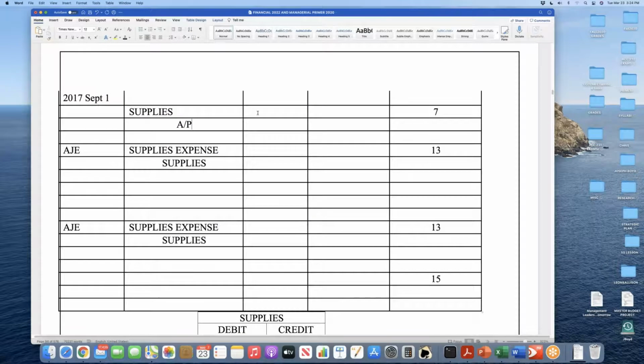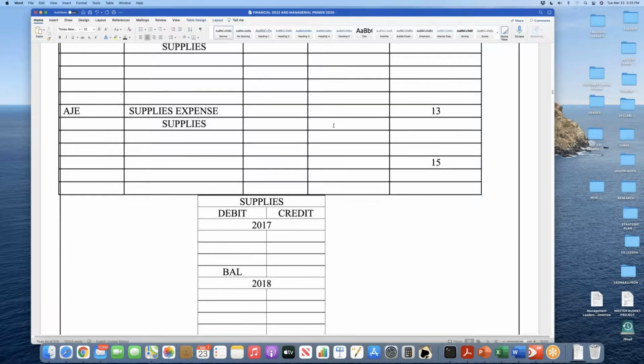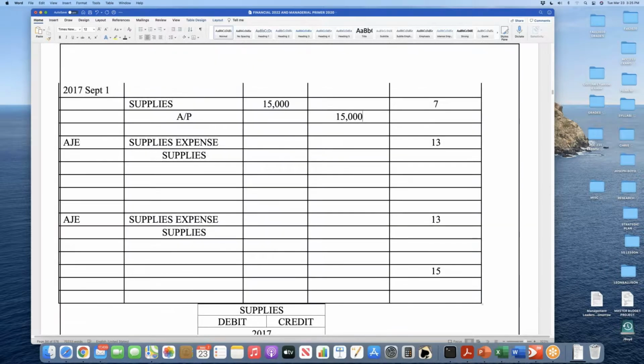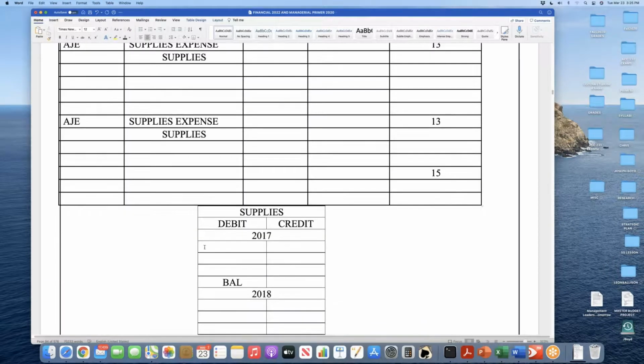So in 2017, entries, same thing. In terms of the credit, it can be accounts payable or cash. So now when we go down here, we have 15,000 in the account.